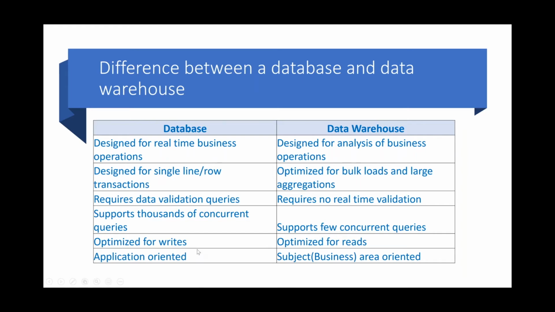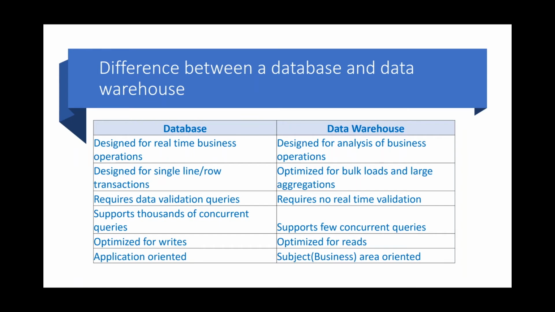And databases are optimized for writes, and data warehouses are optimized for reads. What that means is, when you're optimized for write, the data model has to be different. Most frequently seen, what is optimized for write is a third normal form. But when you say optimized for reads, the data warehouse is typically in a denormalized format, or in a star schema format.